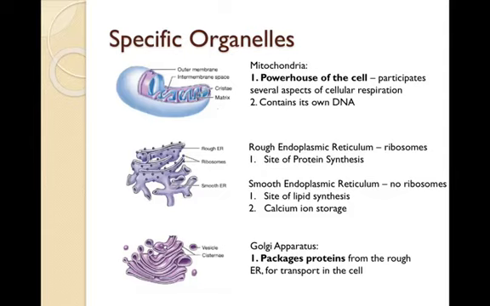So the citric acid cycle, or the Krebs cycle, that we'll talk about in depth, occurs within the fluid of the mitochondria. And the other aspect of cellular respiration that occurs within the mitochondria is the electron transport chain, which we will talk about in depth. It occurs within the intermembrane space of the mitochondria.